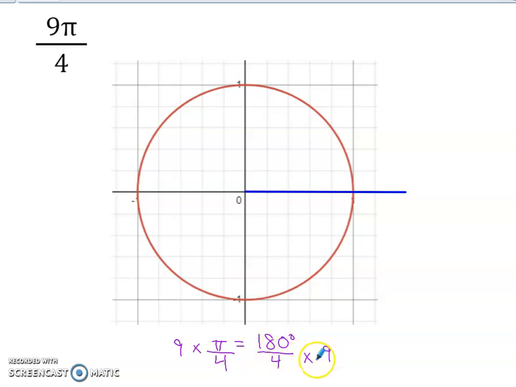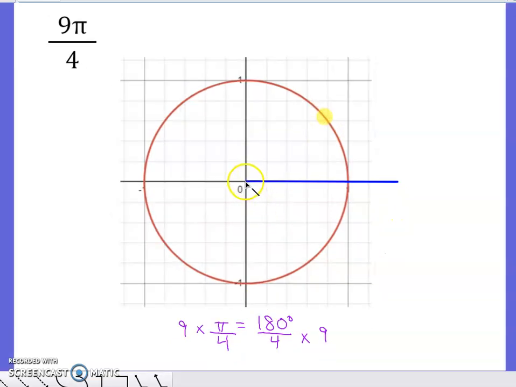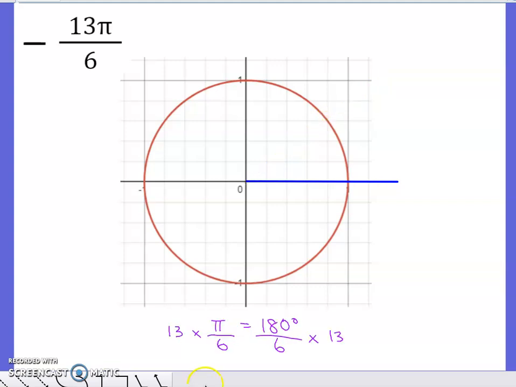I need to go 9 45-degree increments around the circle's outer edge in the positive direction. So if I go 1, 2, 3, 4, 5, 6, 7, 8, it looks like a ninth 45-degree increment is going to put me exactly halfway through my first quadrant, so a little bit past 360. There is that angle.